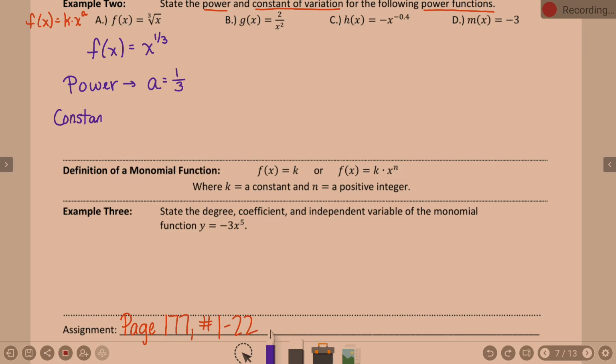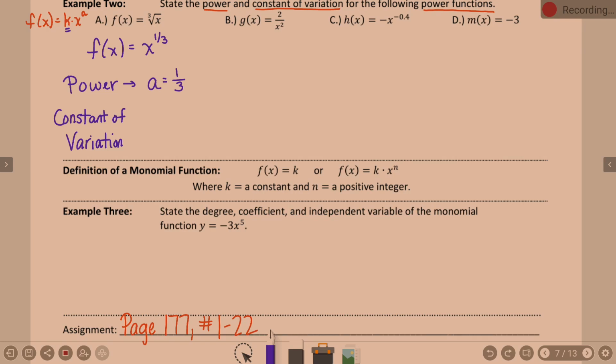Okay, what else do we need to know? Thoughts on the constant of variation? Remember, the constant is k. It is a non-zero constant. So it has to be a number, no variables allowed.